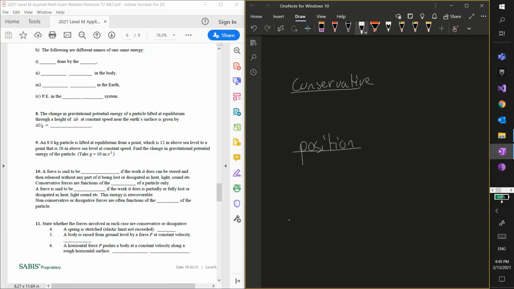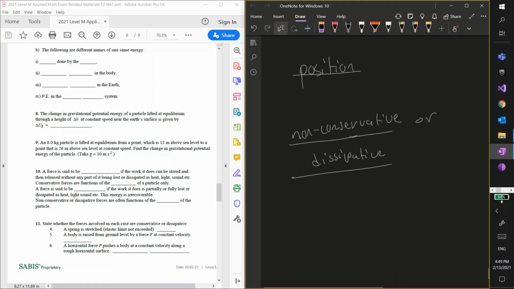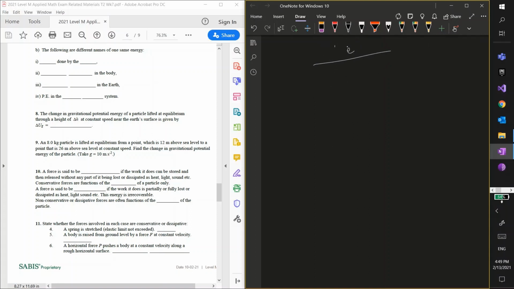A force is said to be non-conservative, or if you want, dissipative, if the work it does is partially or fully lost. A non-conservative force is usually a function of, I believe, time. Maybe, I'm not sure.